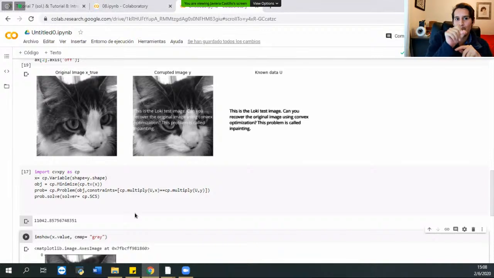But here the letters are very thin, so you can recover the image very accurately. So this problem is not based on the restrictions of the sampling problem, but it's doing something similar. Basically, you have samples in every part of the image, but the letters. And well, I don't have another corrupted image to show you, but if the letters are bigger and the missing data is more than in this case, you'll obtain a solution, but it will not be as good.